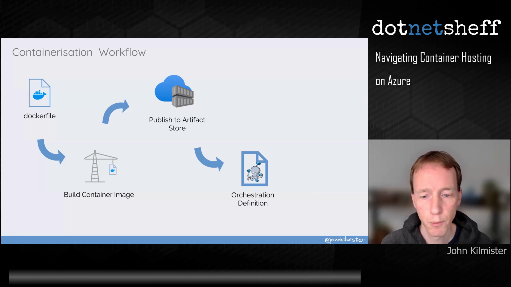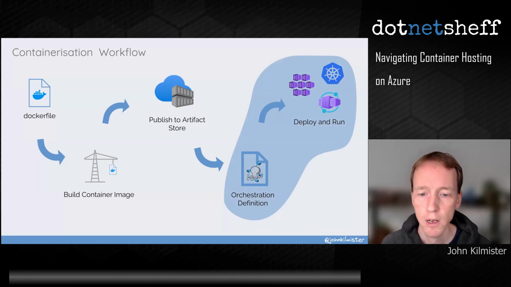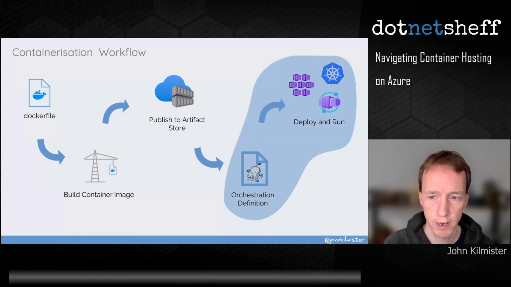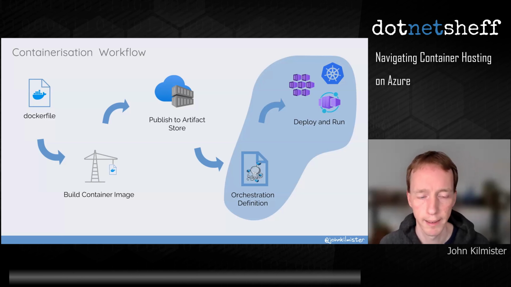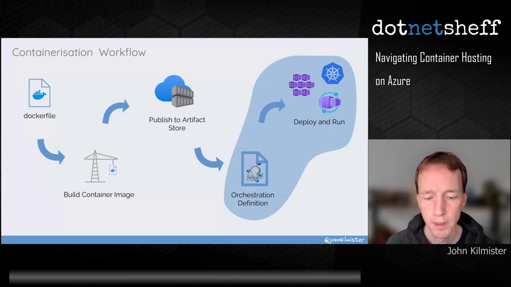But we do have some form of orchestration definition, which is separate to our container. And then finally, we can take that and deploy it and run it. As I say, there are many ways of running it, and that's what we're going to focus on today. Really, this second half: the orchestration, the deploying, and running. But I thought before we went into that, it was good just to do a quick recap.